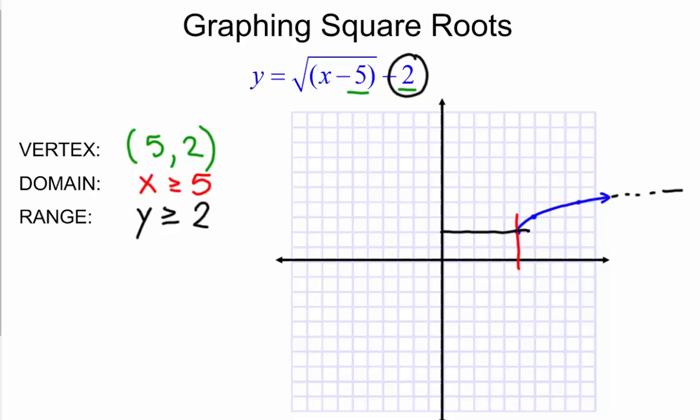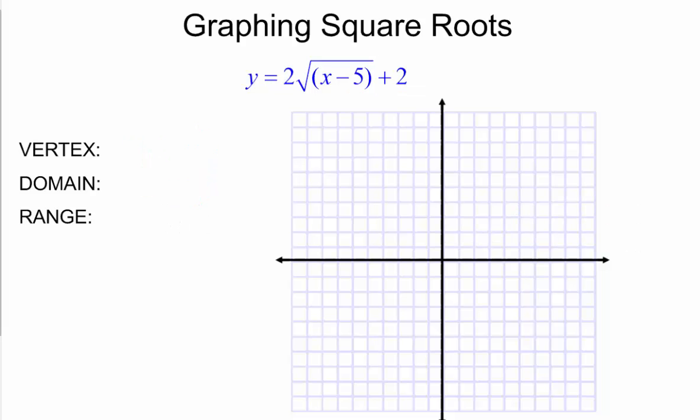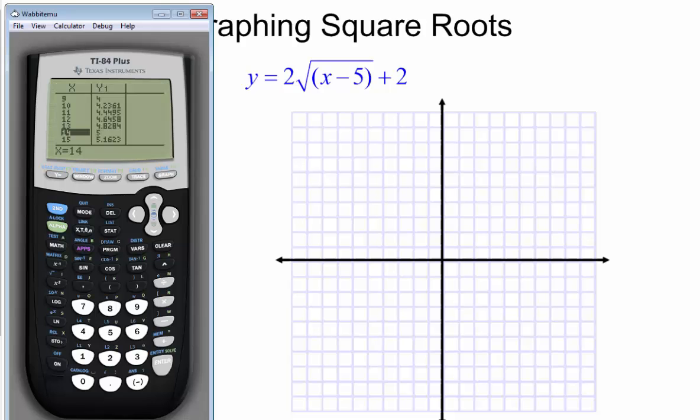Let's go ahead and look at one more example. And again, I'm going to use my calculator to help me out. So I'll go to my y equals, clear out this function, and I'm going to type in this new function.